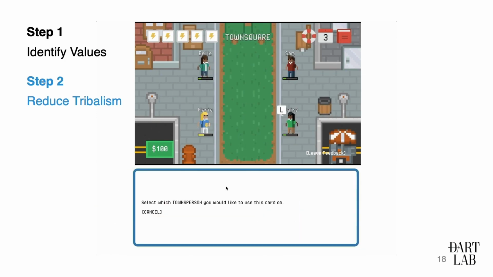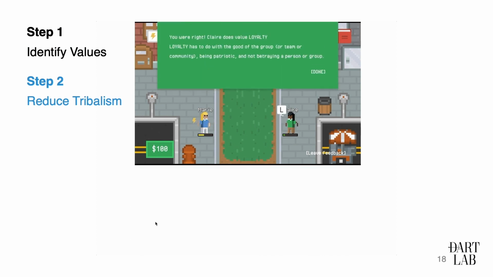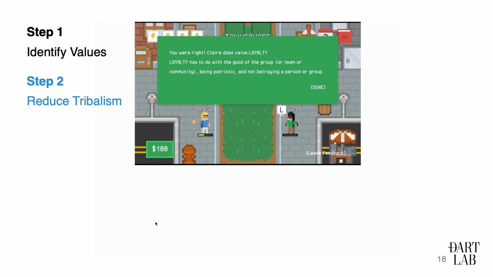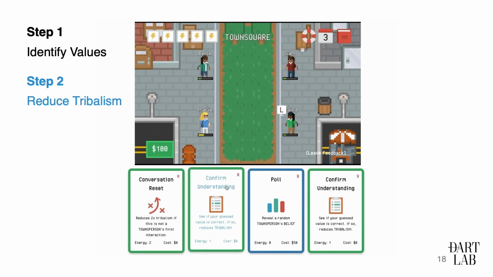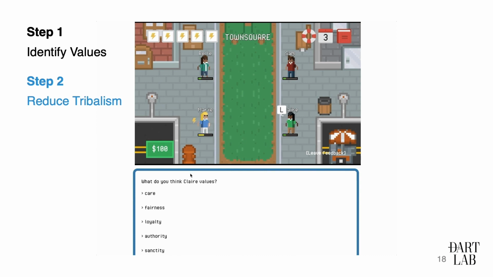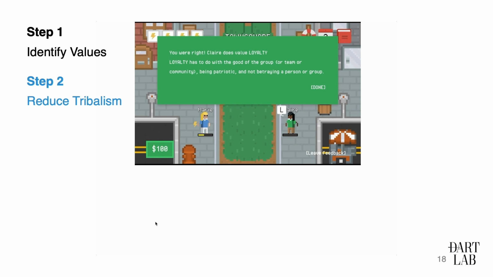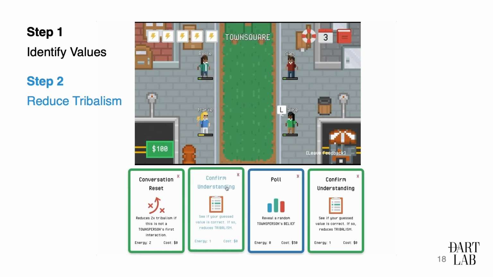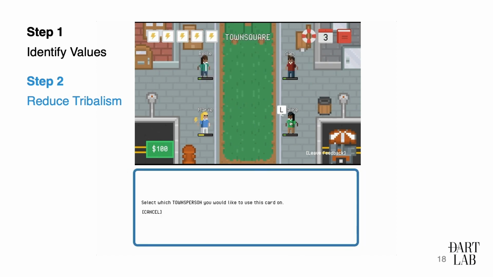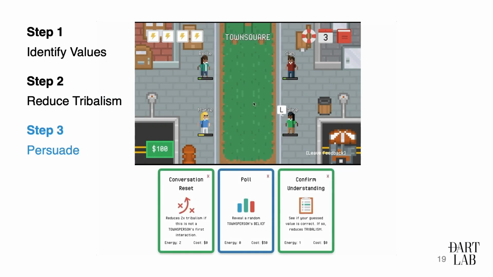And after a player's identified what a townsperson values, they still might have to reduce that townsperson's tribalism. Tribalism here is essentially a measure of how open a townsperson is to being persuaded. And so if a townsperson's tribalism is high, there's a good chance that your persuade action is going to fail. So players can reduce tribalism by playing one of these green cards, like Conversation Reset or Confirm Understanding.